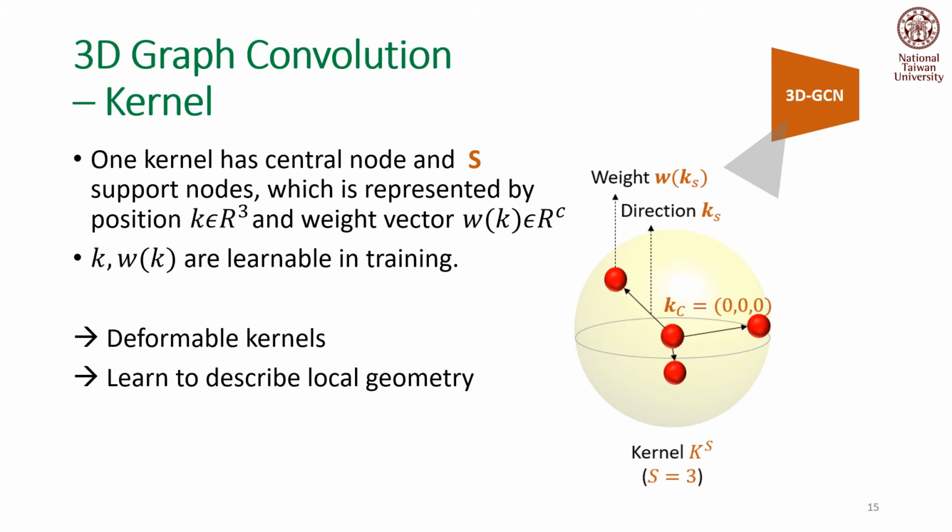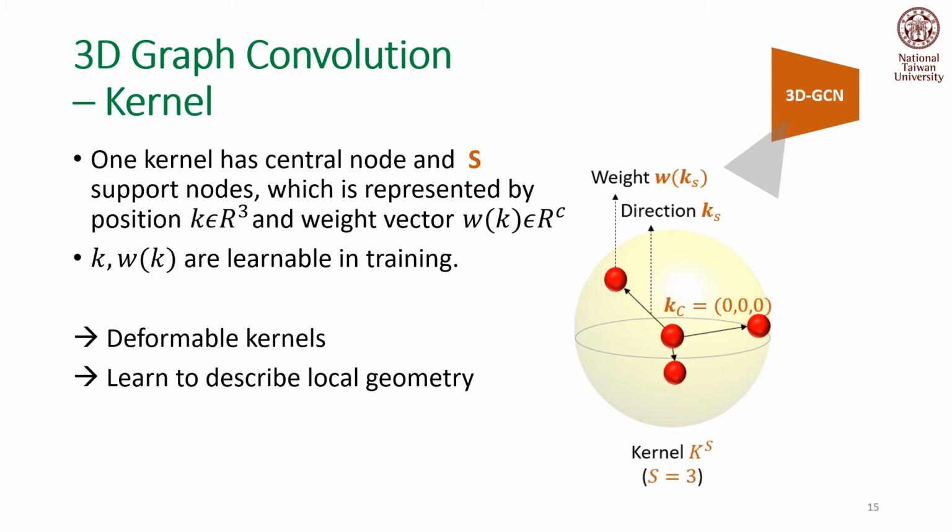Another fundamental component in 3D graph convolution is the kernel. We define our kernel in a structure similar to the receptive field. One kernel has one central node and S support nodes. In the figure, S equals 3, so there are a total of 3 support nodes in the kernel.